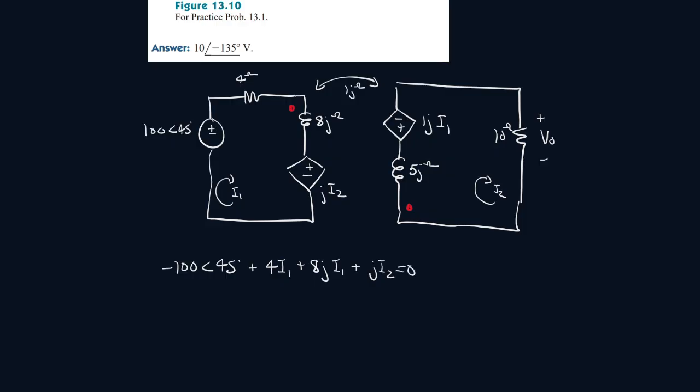Okay, so we're going to bring this to the other side. So 4 plus 8j I1 plus jI2 is equal to 100 phasor 45 degrees. So this is for mesh 1, or mesh I1.